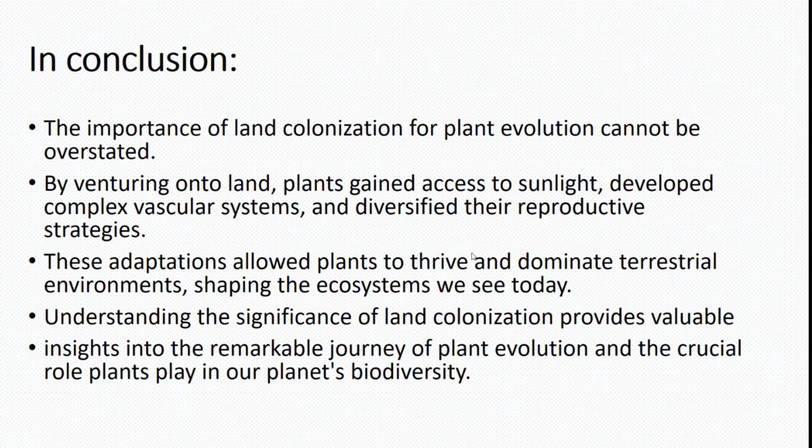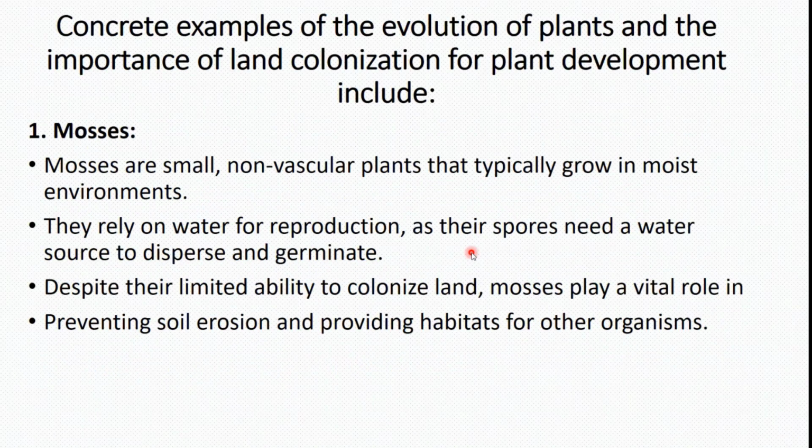But that's definitely it. So the insights of this remarkable plant journey in evolution play a crucial role in our planet's biodiversity. The concrete examples of the evolution of plants and the importance of land colonization will then include the mosses.